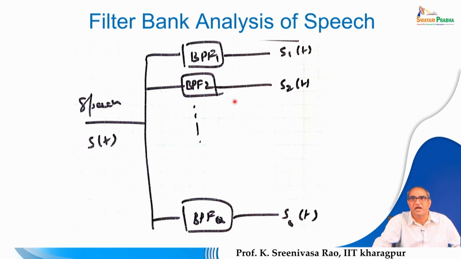So, this is the basic idea of filter bank analysis of speech: by designing a set of filters and analyzing the energy associated with each filter output, you get an idea of how the energy is distributed across frequency bands over a wide range of frequencies.